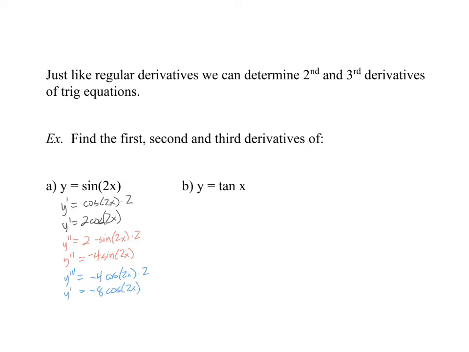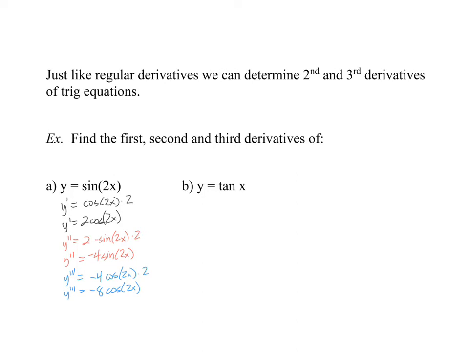So you can see it works pretty simple with sines and cosines. They just sort of flip back and forth, and it goes positive, positive, negative, negative, and so on. So that would be the first three, and we could keep going. The next one would be 16 sine 2x. Then it would flip back to 32 cos 2x, and then back to negative, and so on. It would keep following that pattern.